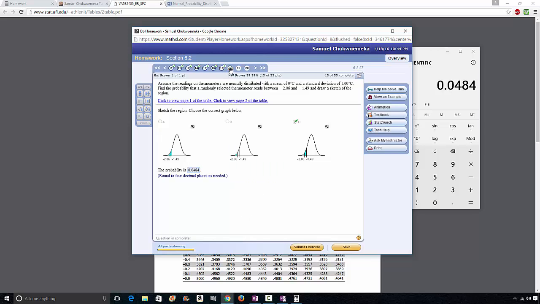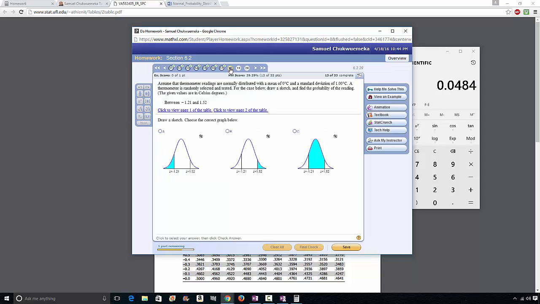Question 18. So the same thing here. We're going to do the same thing here. Between negative 1.21 and 1.52. So this is the area we are being asked to find. Here is less than negative 1.21. Here is greater than 1.52.